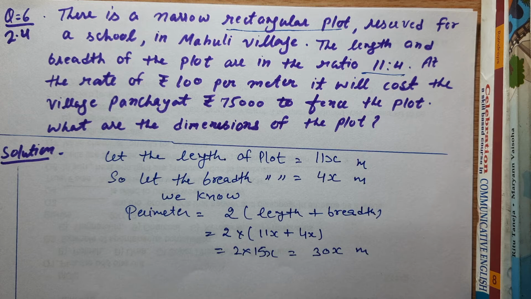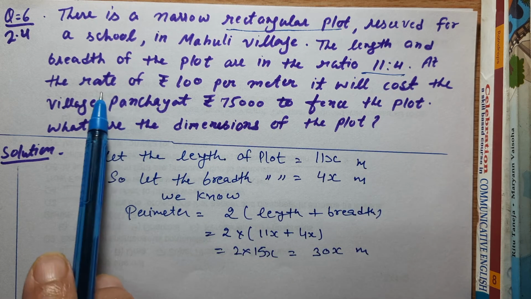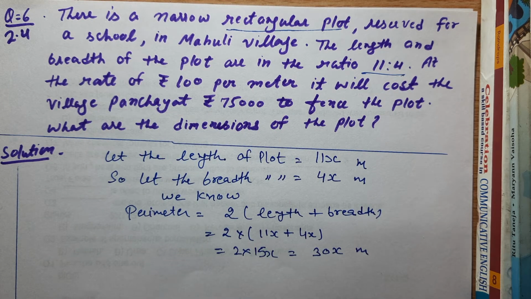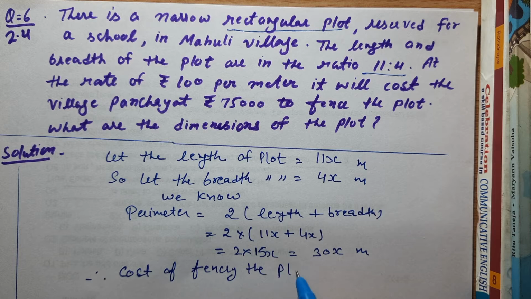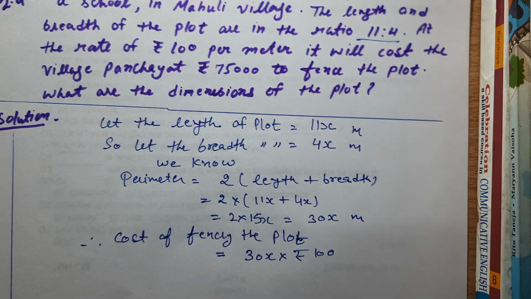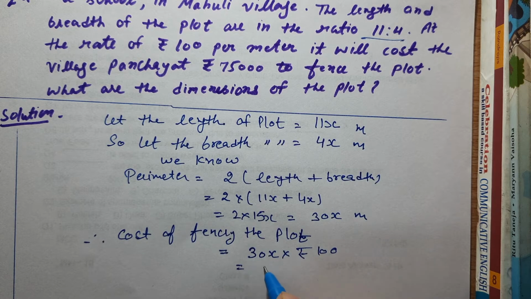Now understand, it says the cost is at the rate of rupees 100 per meter. Therefore, the cost of fencing the plot. Fencing means covering all around. That will be equal to 30x into rupees 100. So what will it be? Total rupees 3000x.